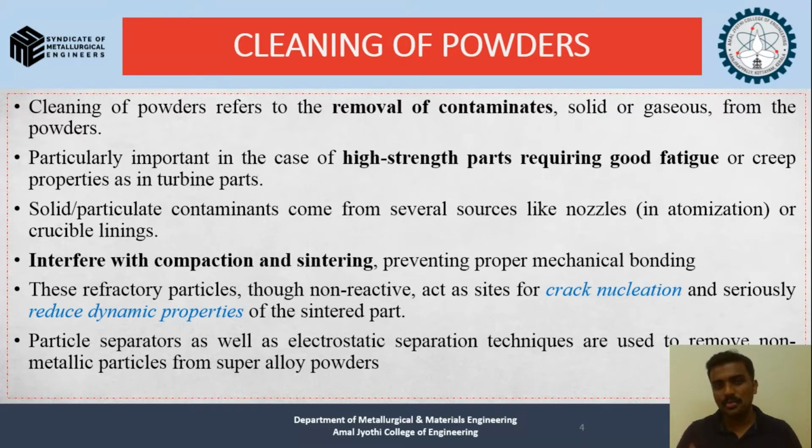So we have to get rid of it in order to ensure better quality. Contamination interferes with compaction and sintering, preventing proper mechanical bonding. These are the problems related to contamination, so we have to make sure that the powder is entirely clean.